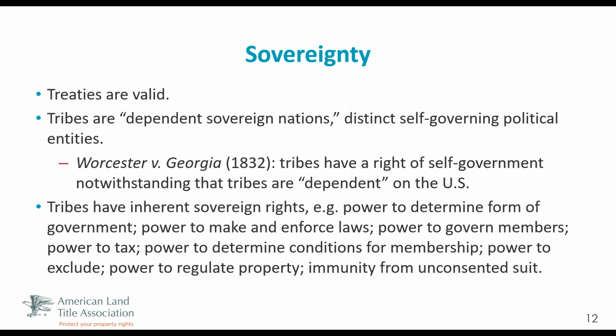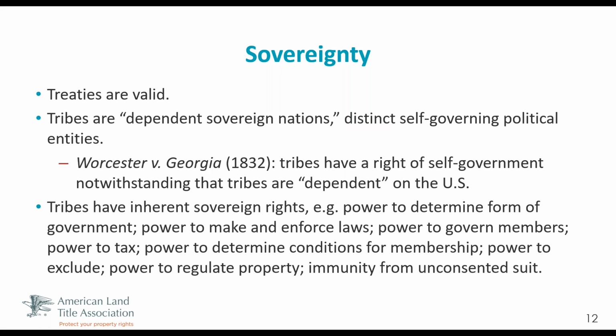All sovereigns have immunity from unconsented suit. So tribes are really no different than if you were dealing with a sovereign foreign nation, for example. And if you can wrap your mind around the notion that tribes are, not entirely the same, but a take on a foreign sovereign government, then this whole business of sovereignty and sovereign immunity may make a little more sense to you.